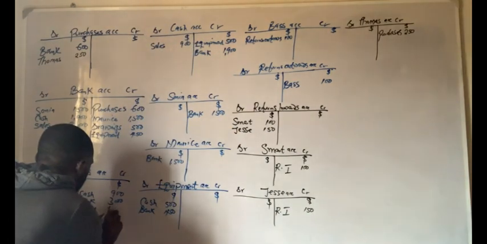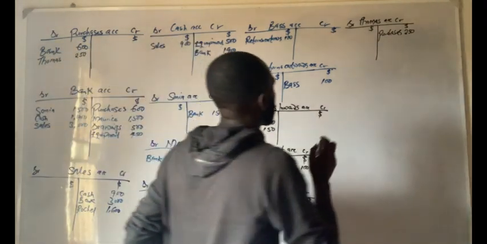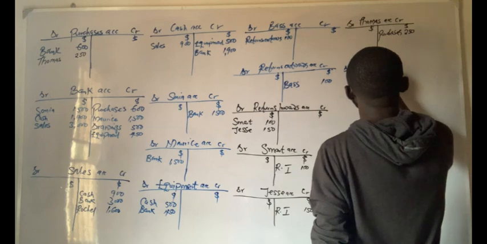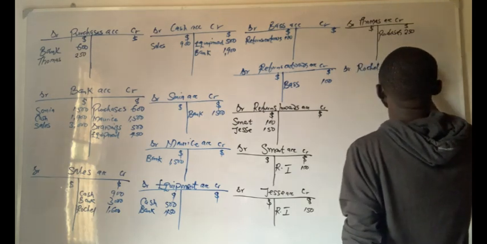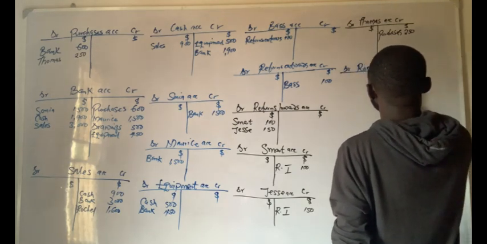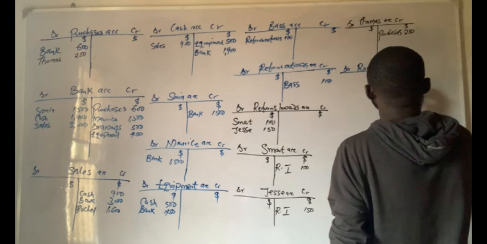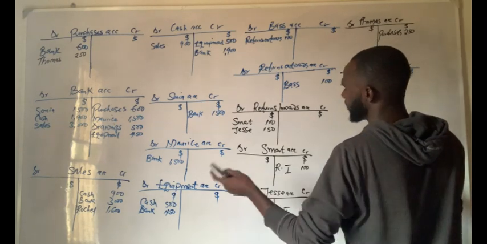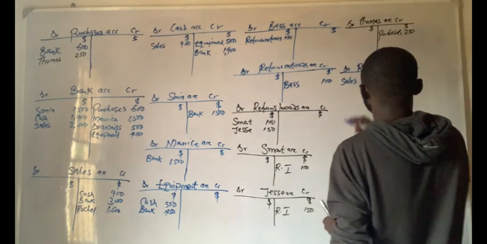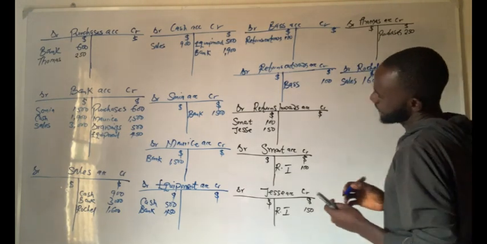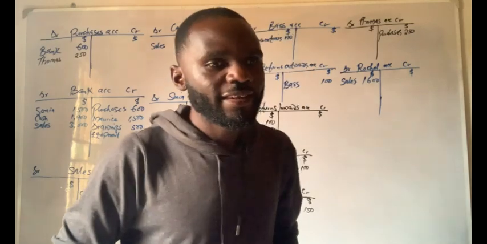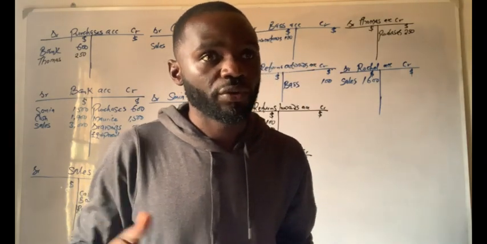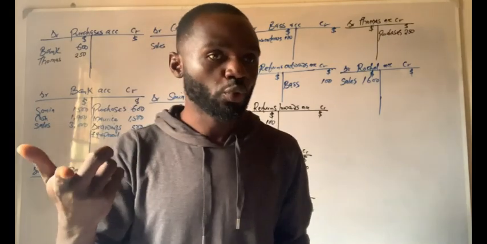So here I'm simply going to have Rochelle account credit. So here we have sales, corresponding entry 1,600. That's all. Next transaction is going to be sold goods on credit to Jones.